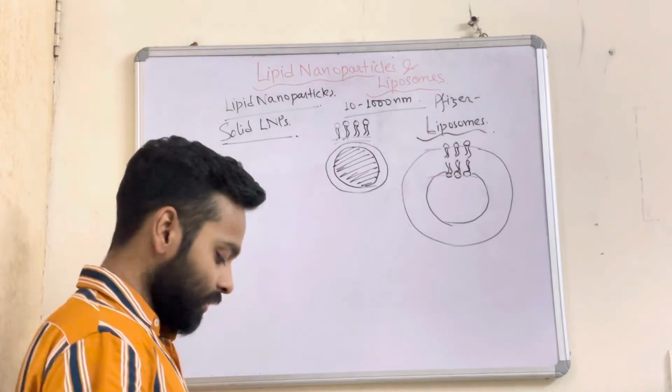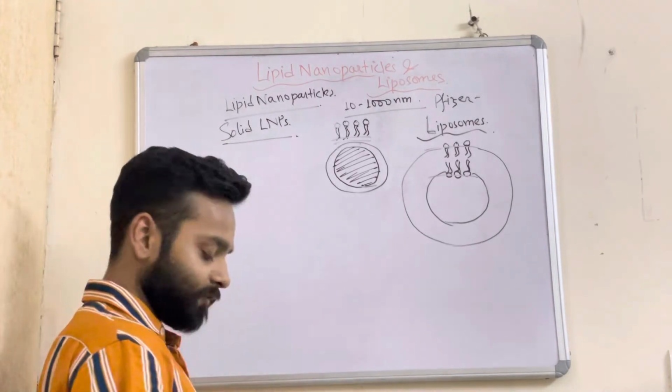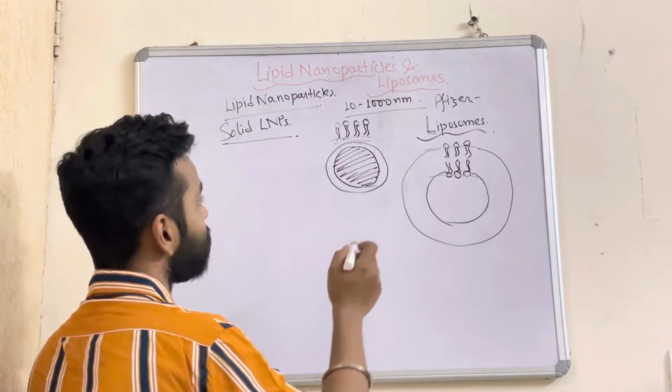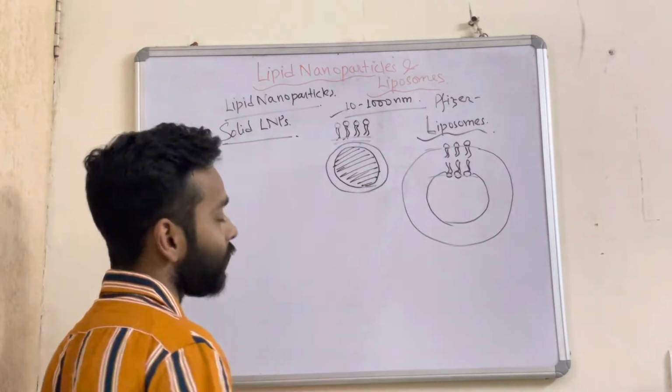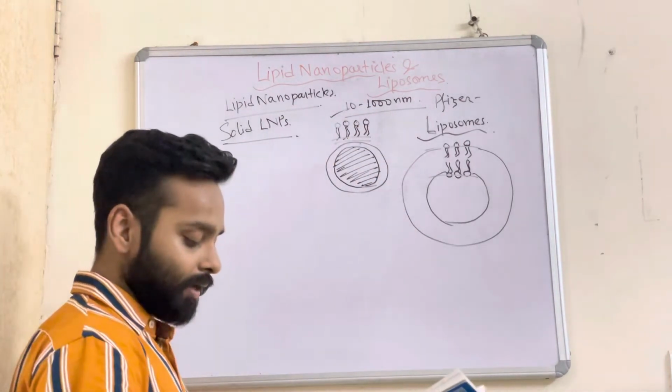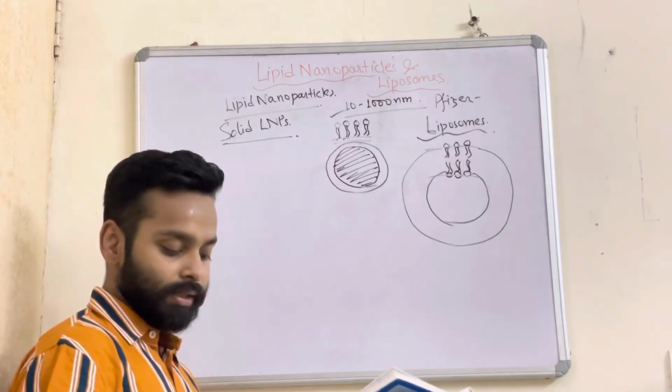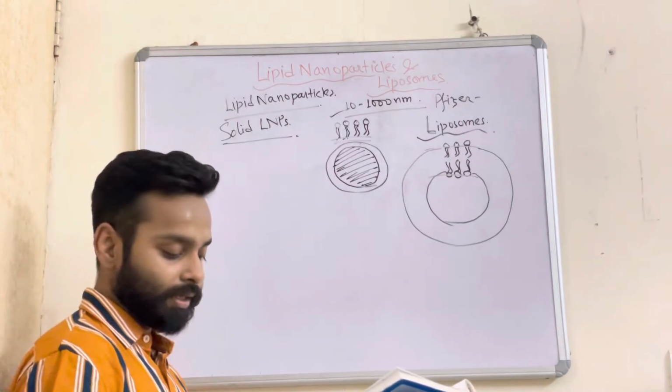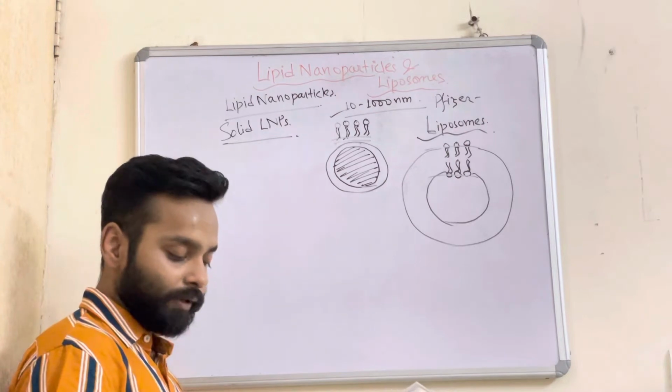These solid lipid nanoparticles are spherical with an average diameter of 10 to 1000 nanometers. They contain a solid lipid core matrix that can stabilize lipophilic molecules.